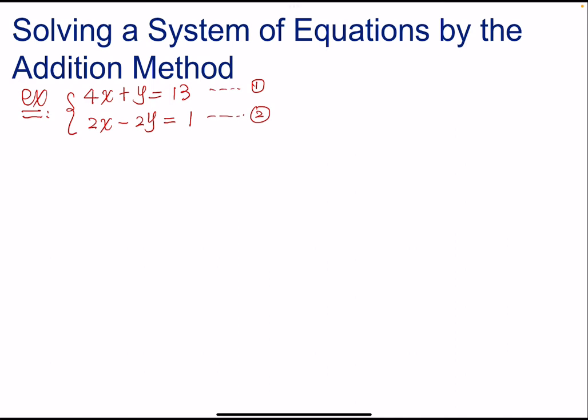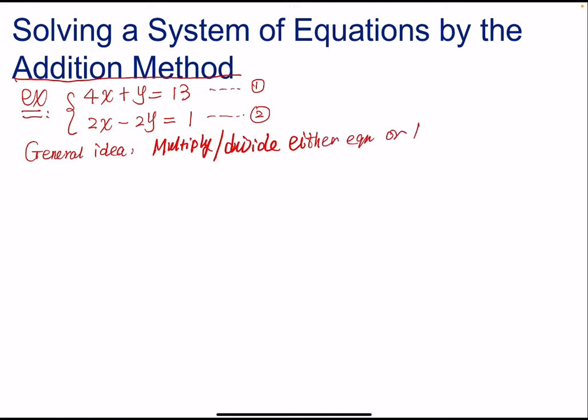Okay, so what's the general idea? The general idea of the addition method is that you're going to multiply or divide either equation or both by some constant.